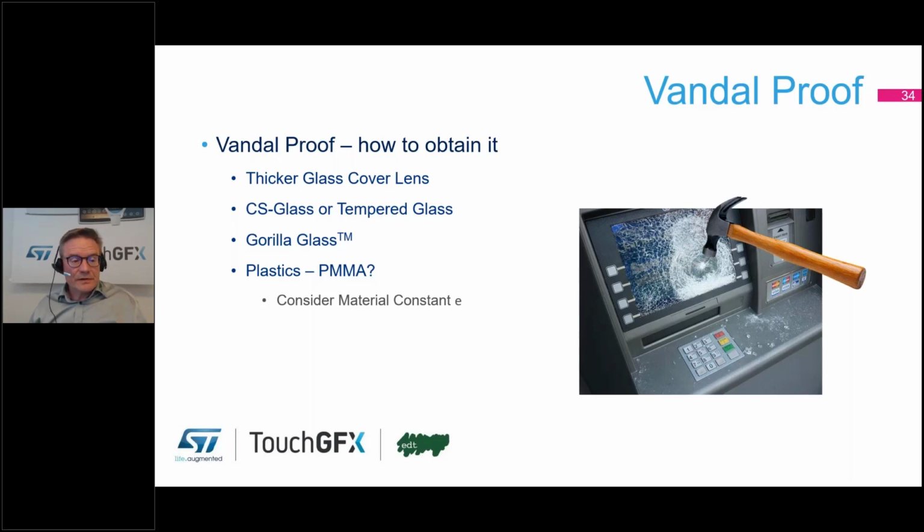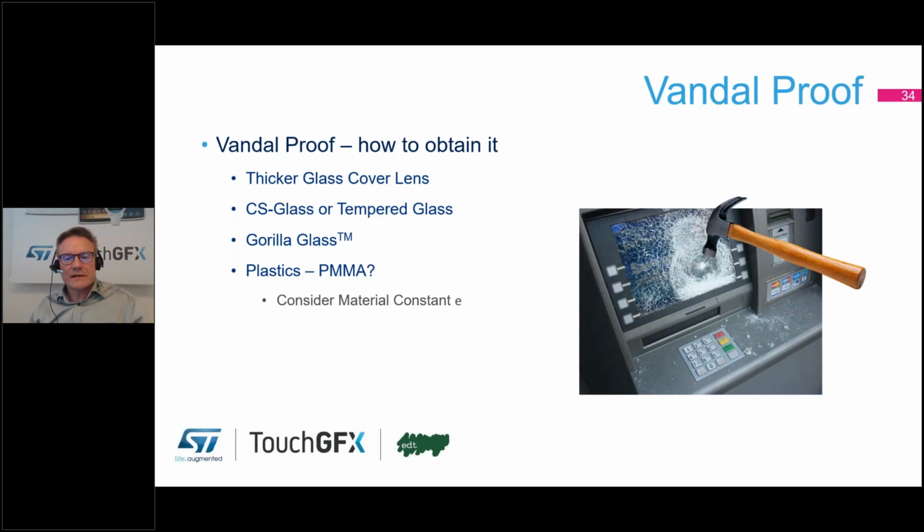Obviously, it's also possible to add a plastic cover lens, but you will have to consider that a PMMA or plastic cover lens will need a hard coat surfacing to achieve good scratch resistance. Typically, it's very easy to scratch a plastic surface, and it also bends and twists a little bit more than glass.